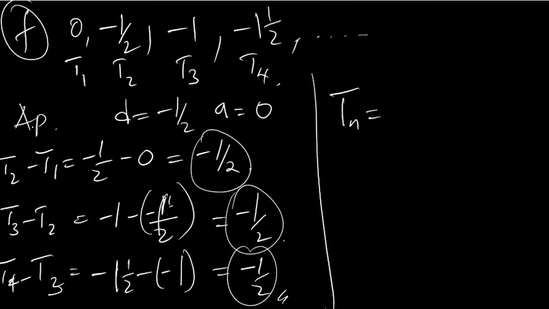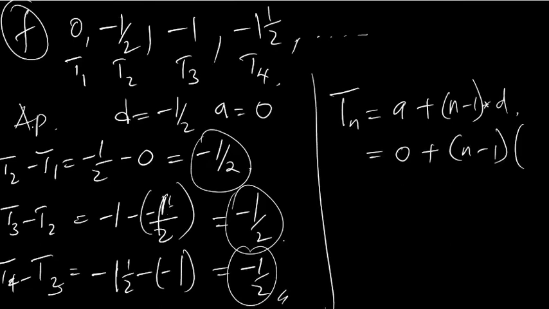So now let's look at the nth term. We're going to use the general formula for arithmetic progression, which is a plus open bracket n minus 1 close bracket times d, the common difference. Now a is 0, plus n minus 1 times the common difference, which is minus half.